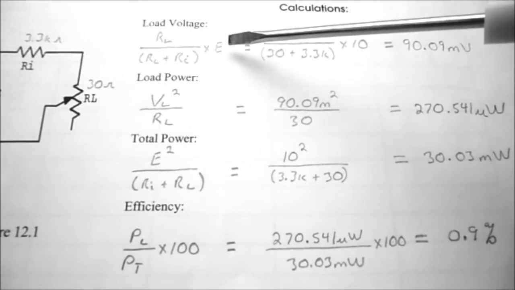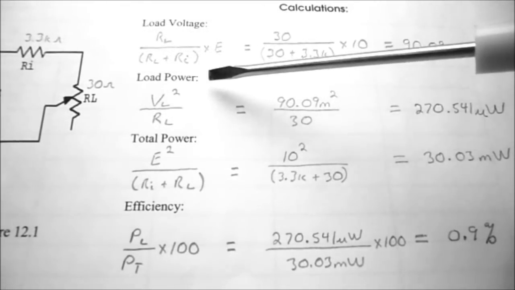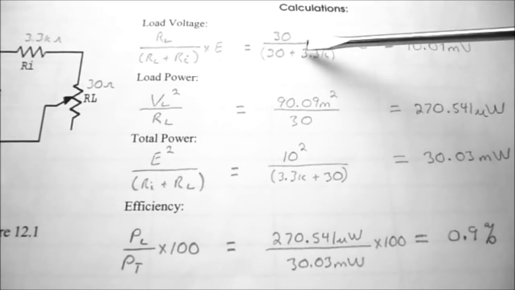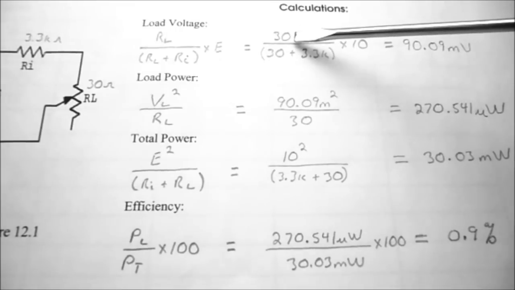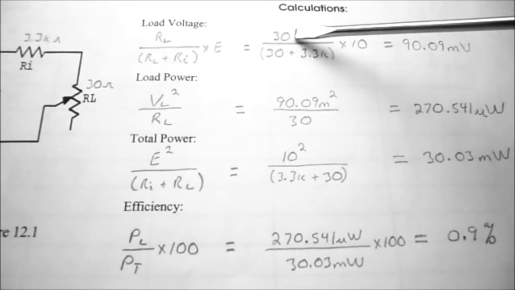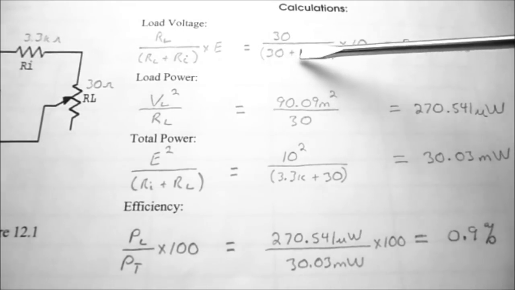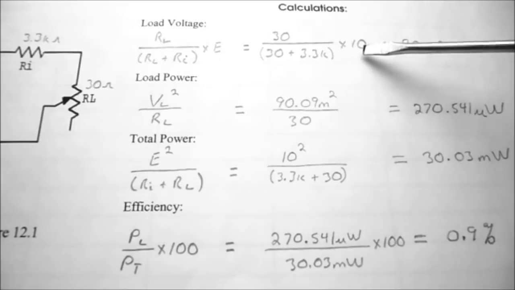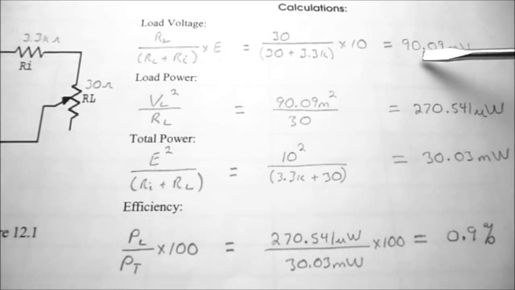Using the formulas we obtained from procedure step number 1, the load voltage is equal to 30 ohms, which is RL, divided by the 30 ohms plus the 3.3K, and we're going to assume that 3.3K is the internal resistance of our circuit. We multiply that by the 10 volts supplied to our circuit, and that should equal 90.09 millivolts.